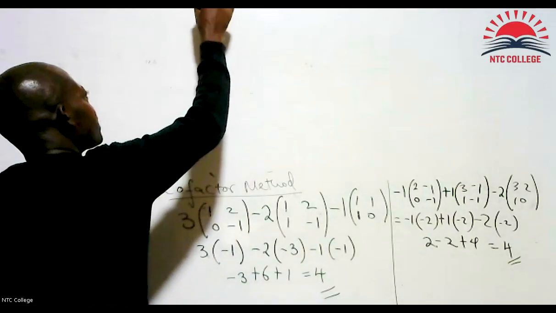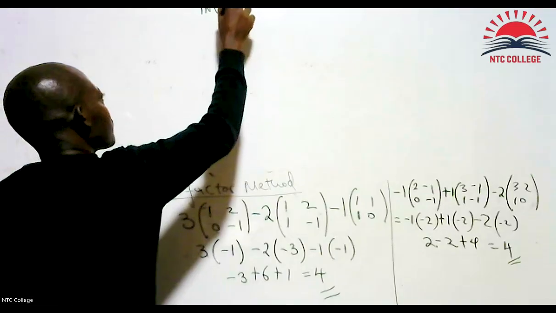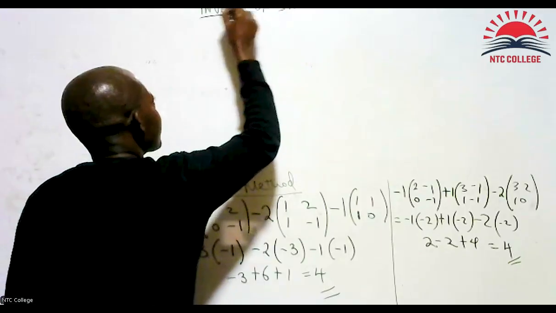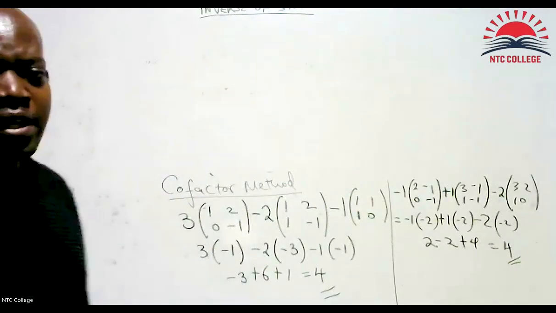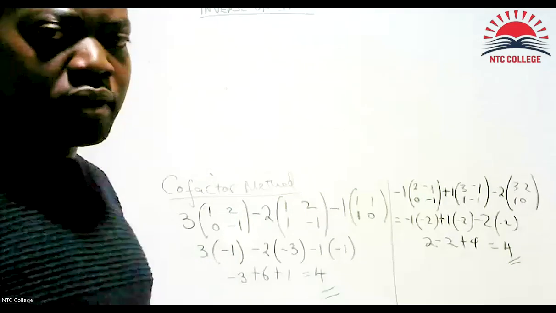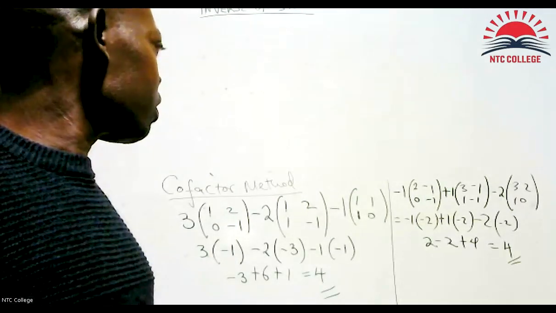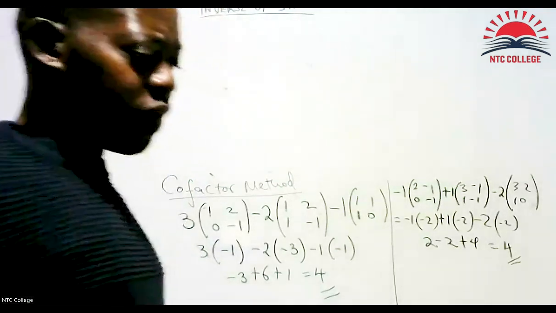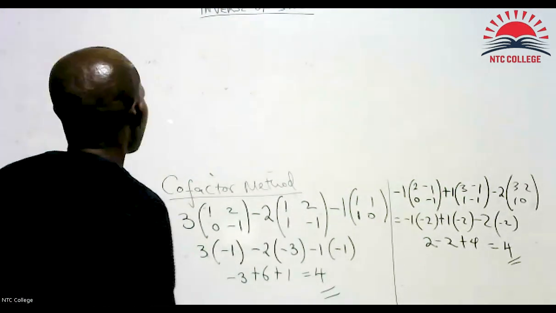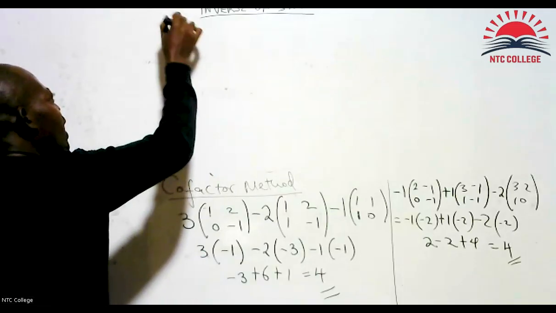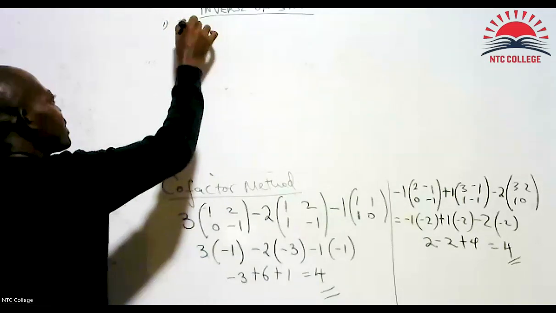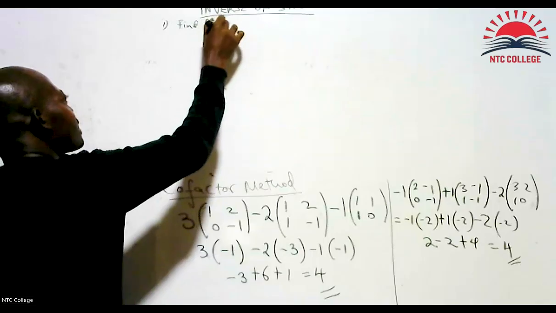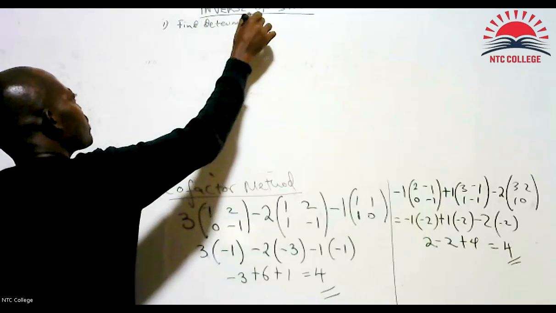The objective now is the inverse of a 3 by 3. To make our understanding simpler, we are using the same matrix B, and we want its inverse. Step by step, step 1, find the determinant. In our case, we are not even repeating because we have done the workings.